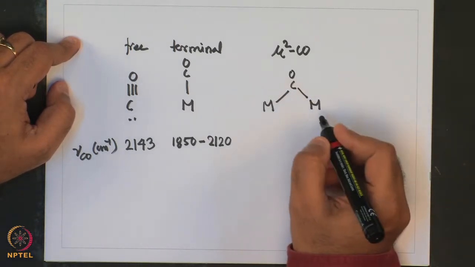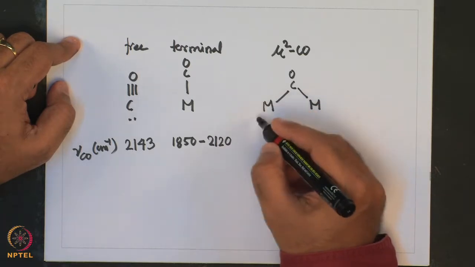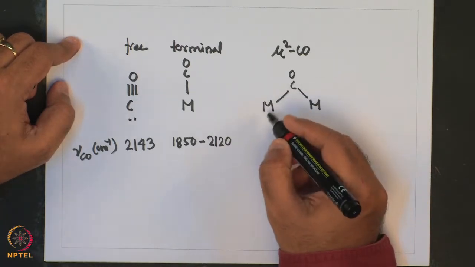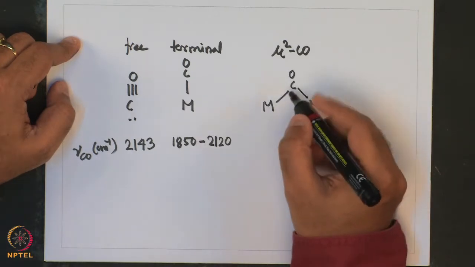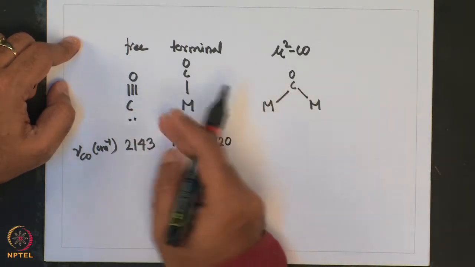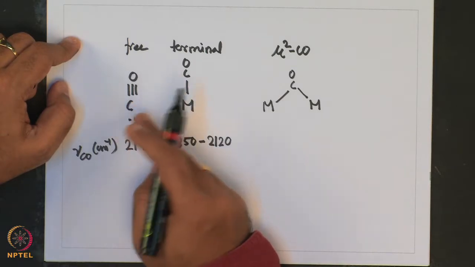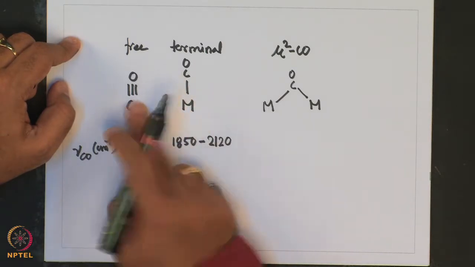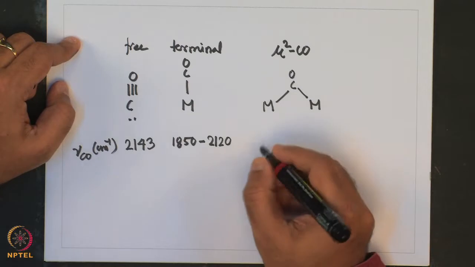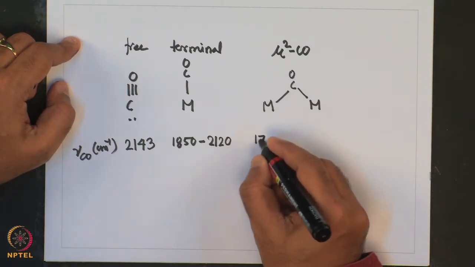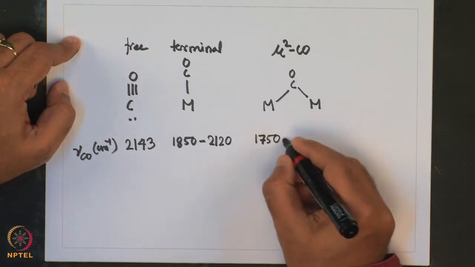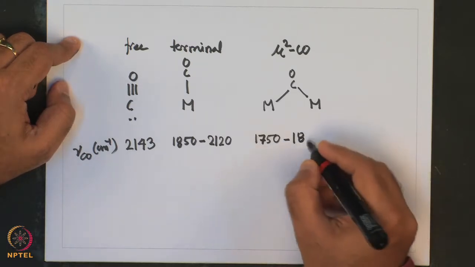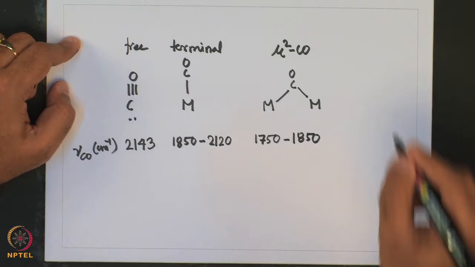Now, bridging COs, there is a significant amount of interaction or back donation from the metal, and the bond order has now moved from 3 to 2, and that is reflected in the CO stretching frequency, where it has fallen further to 1850 to 1750.